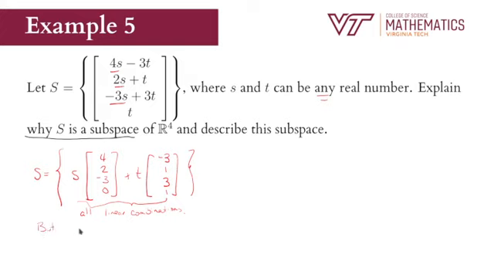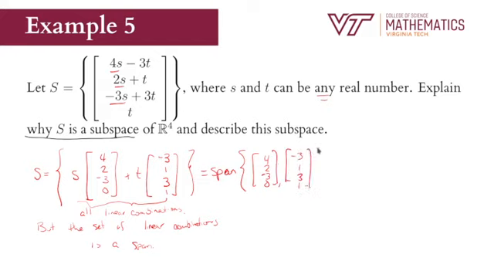But the set of linear combinations is a span. And so this is the span of the vectors (4, 2, negative 3, 0) and (negative 3, 1, 3, 1).